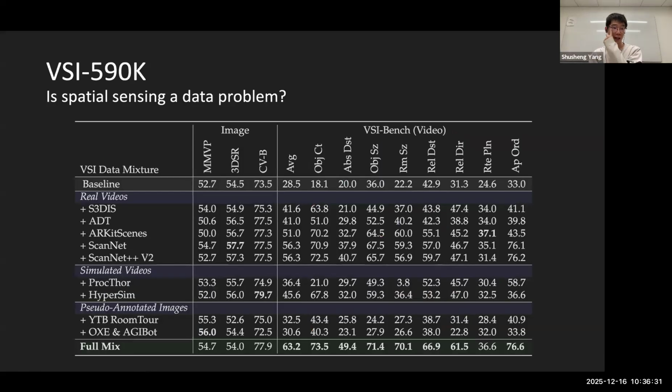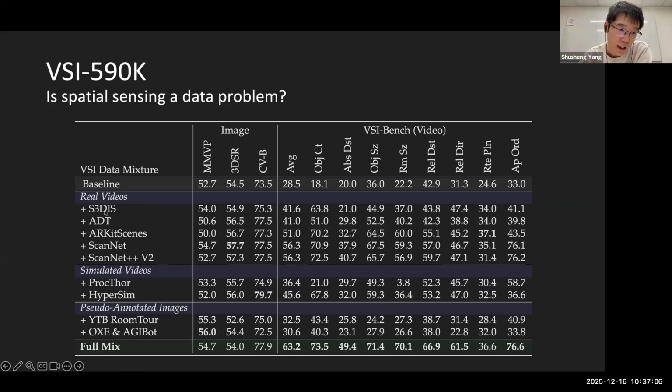And after collecting this data, we conduct ablation studies to see how much this data contributes to real spatial supersensing. So here, our baseline is a video multimodal large language model, and we add these different sources of video data to the baseline and fine-tune the baseline model on top of it and see how the performance changes.